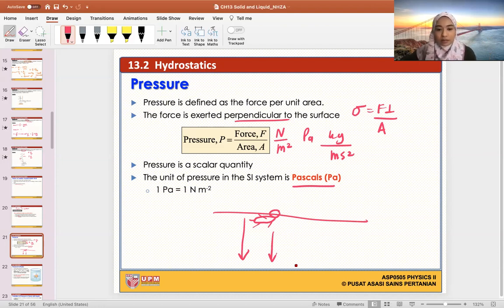That is why we can't go too far below, sebab badan kita tak tahan. There is so much force exerted on our body. At one point, our body cannot take it anymore, right? So what happens? Basically, you die lah.